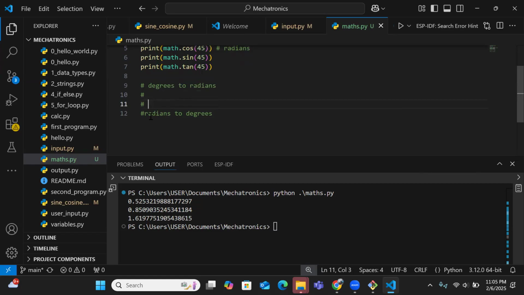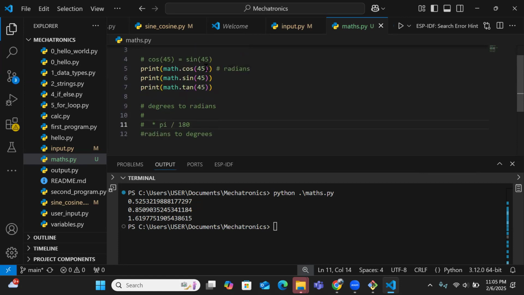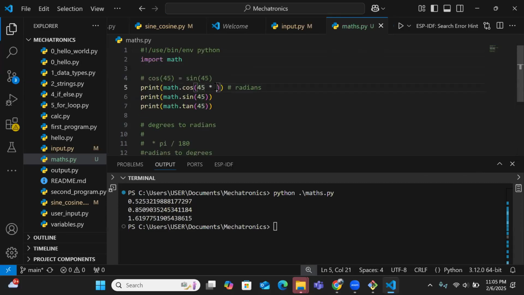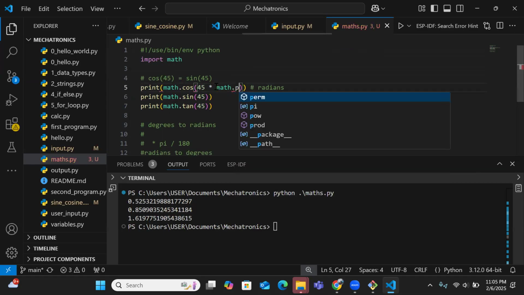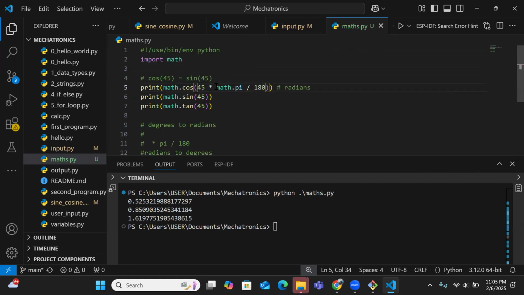Yes, you multiply by pi, and then you divide by 180. Members, what I'm telling you is that, with the angle in degrees, you just multiply it by pi, and pi is math.pi, and then you divide by 180.